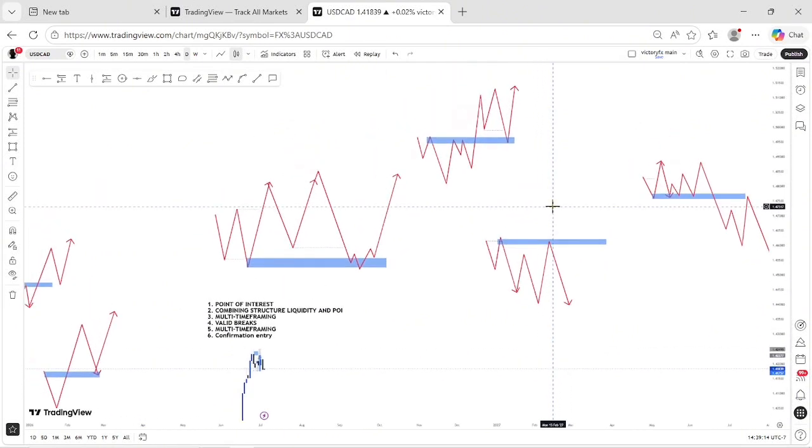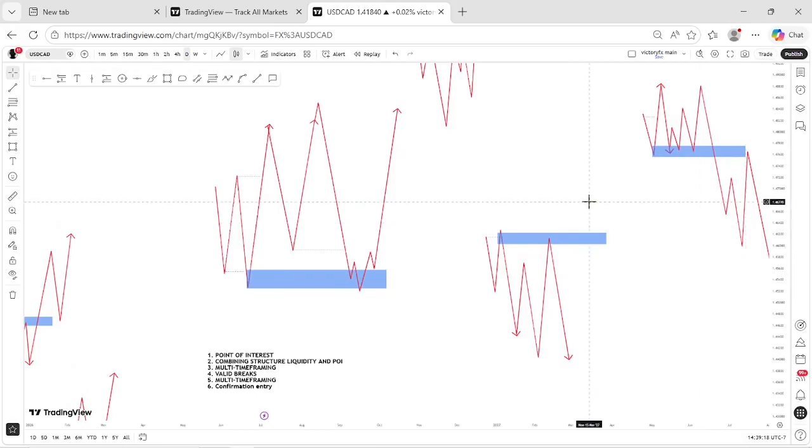So now we'll go over to what? Multi-time framing. So what's multi-time framing? Multi-time framing is just how you align your setups to a more organized trading environment. It just helps you analyze.